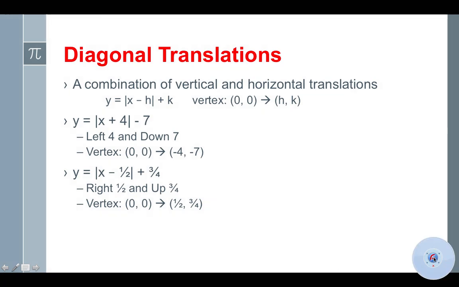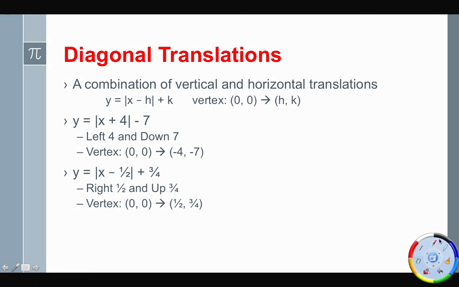Last note that I want to make is we can talk about linear functions that are non-absolute value functions. We can say y equals x. Y equals x is our parent function for linear functions. So if I was to graph the line y equals x, it would look like this, has a slope of 1, goes through the origin.